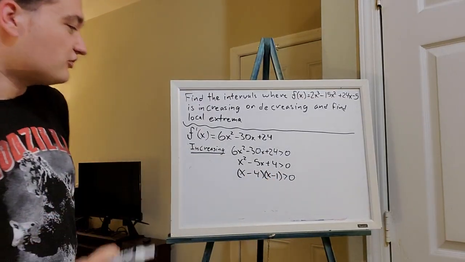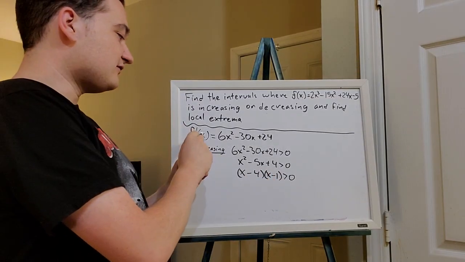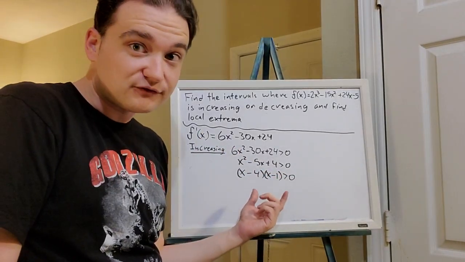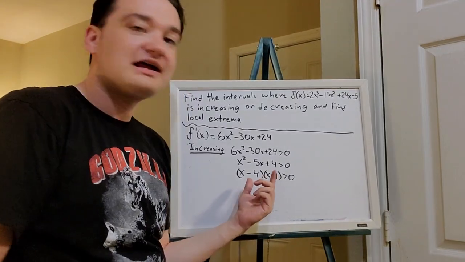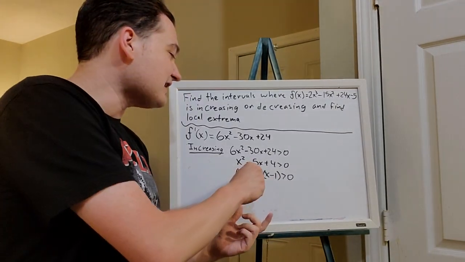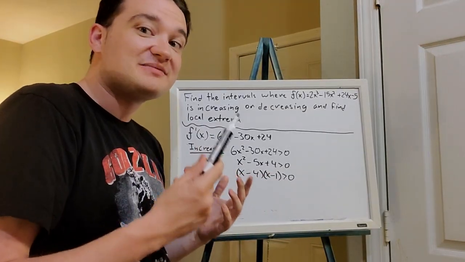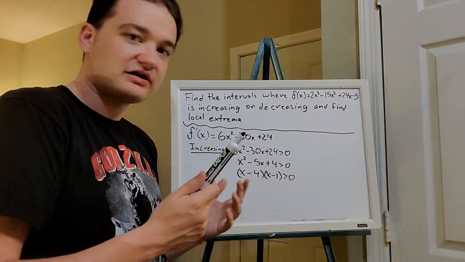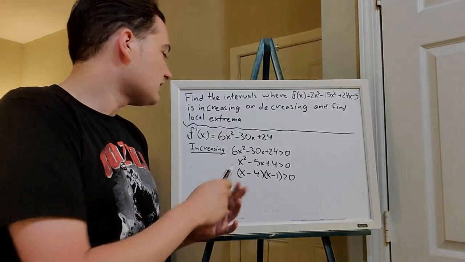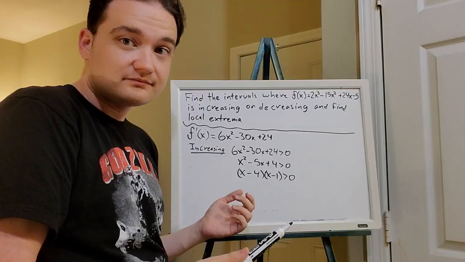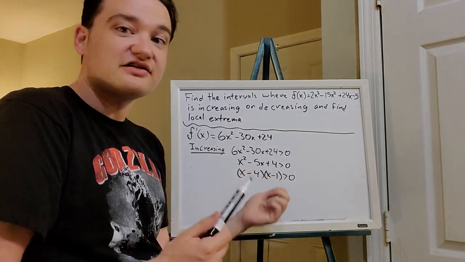Okay, so the derivative is bigger than 0 when this product of (x minus 4) times (x minus 1) is positive. So we need either both of these to be positive, or we need both of them to be negative. Okay, seems reasonable enough. Well, if x is bigger than 4, then both of these are going to be positive.